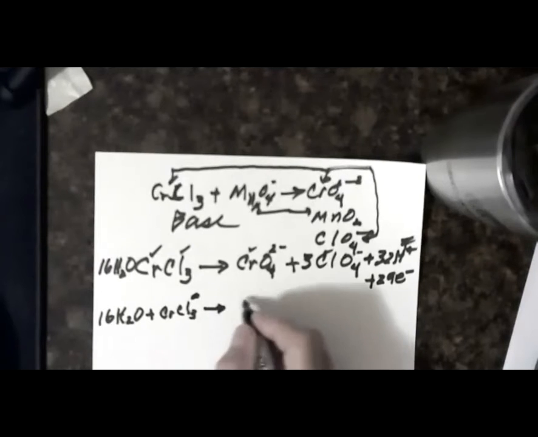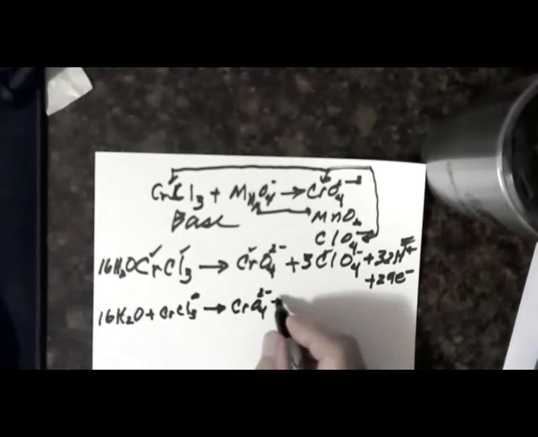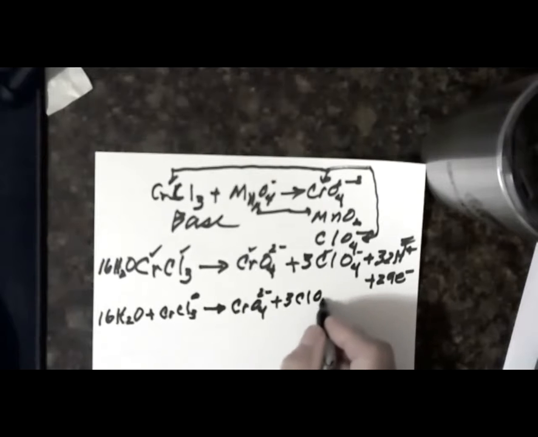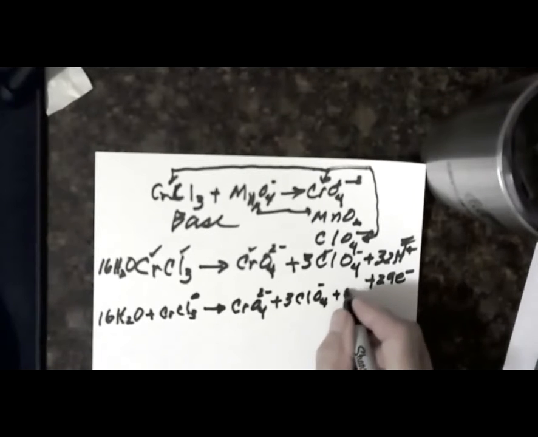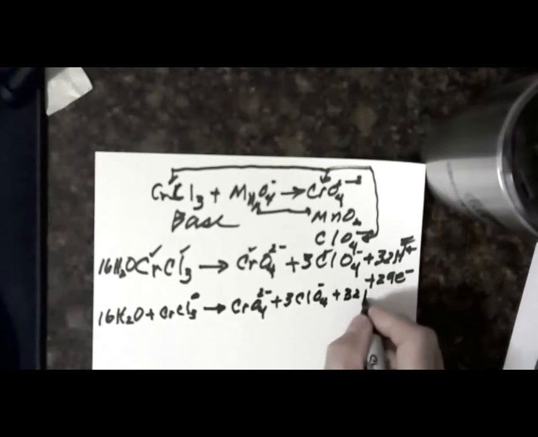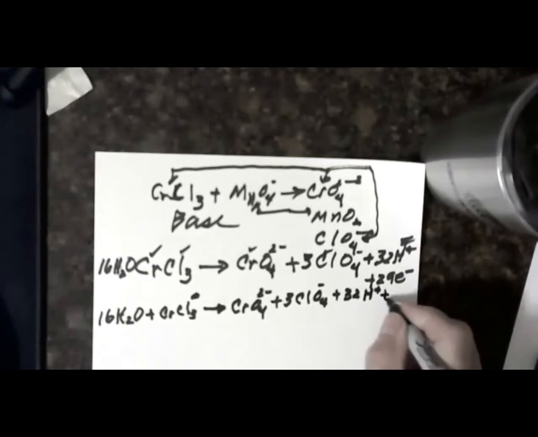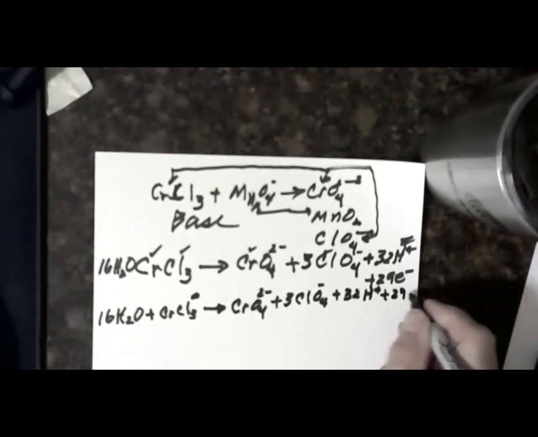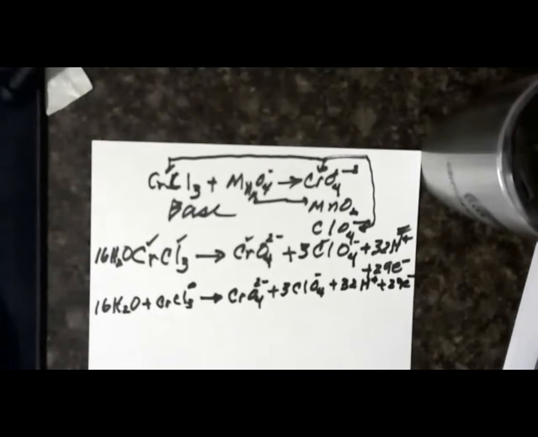We're going to make CrO4 2 minus, and 3 ClO4 minuses, and 32 H plus, and 29 electrons. Okay, wow, biggie.